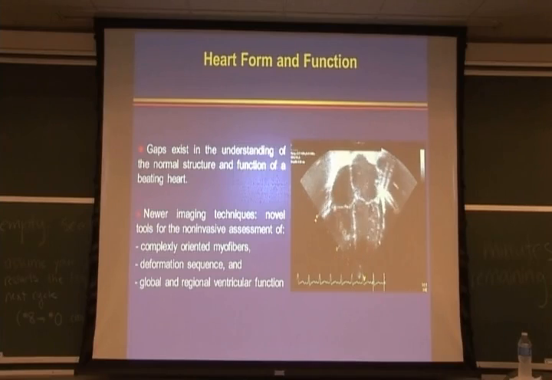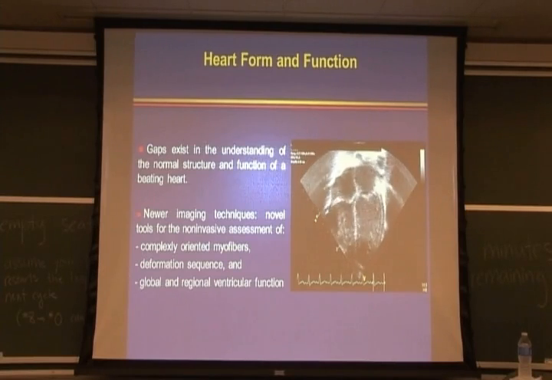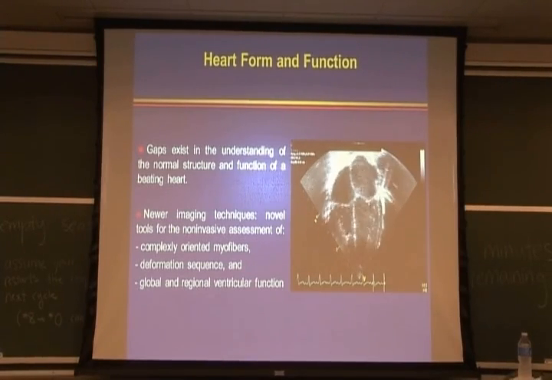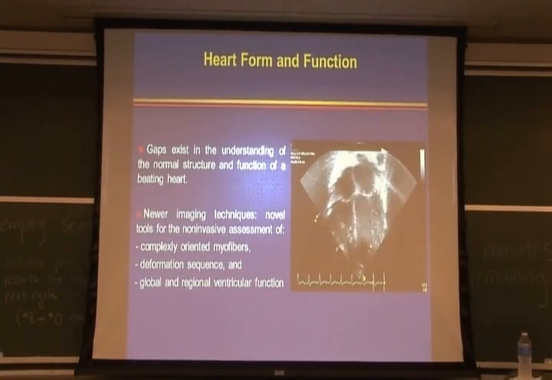And so there is a sort of knowledge gap in understanding the normal structure and function of a beating heart, not the exercise heart, but the beating heart, because of the complexity of the myocardial fiber orientations and structure, and how the heart contracts. That unusual or rather complex myocardial fiber arrangement makes it difficult to study myocardial mechanics, and of course its regional function, although we do understand the global function to a certain extent.